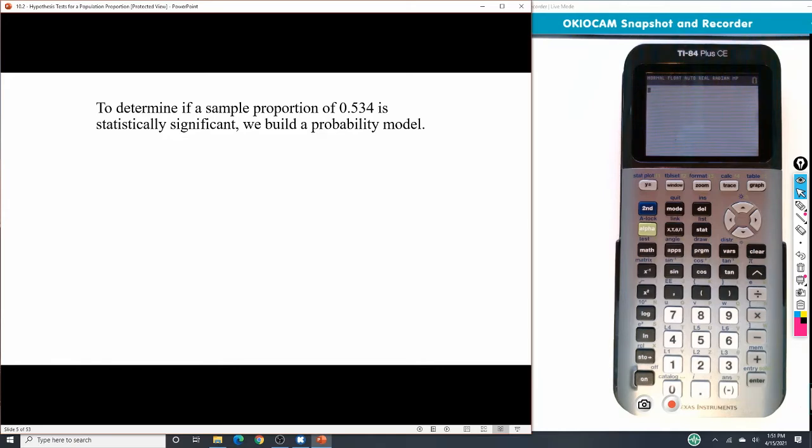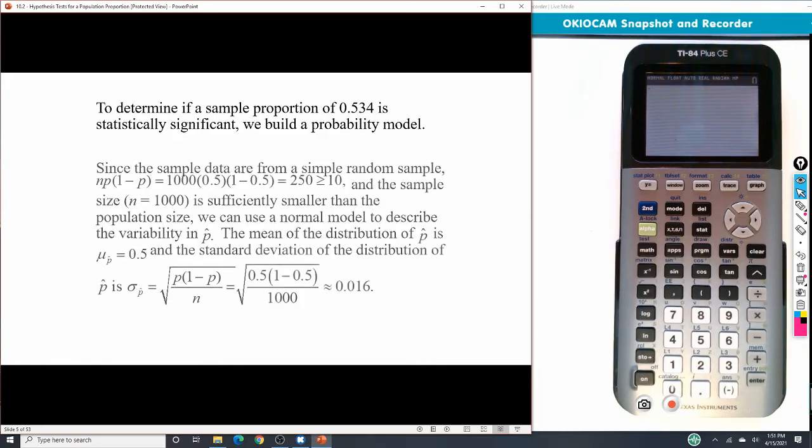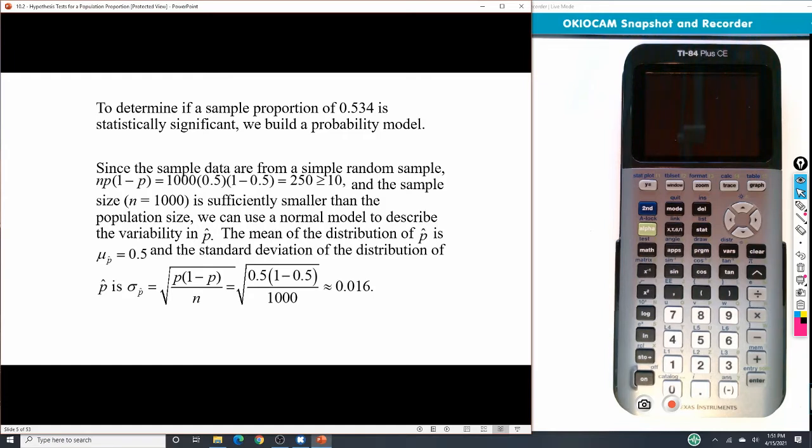All right, so first we need to build a probability model here. Now we base all of this off of is it normal or not? So first we need to see if we have our size. So we look at our n times p times 1 minus p, and is that greater than or equal to 10? In which case we see here that it is. And we're talking about our overall population, so we know that we fit within that.